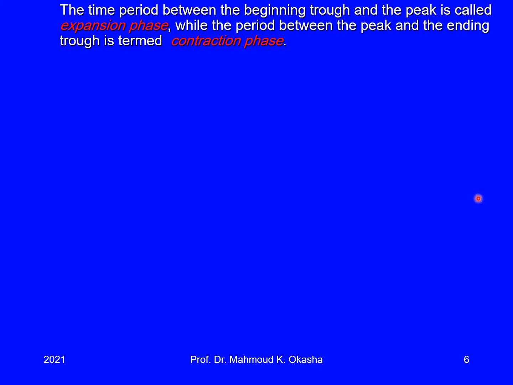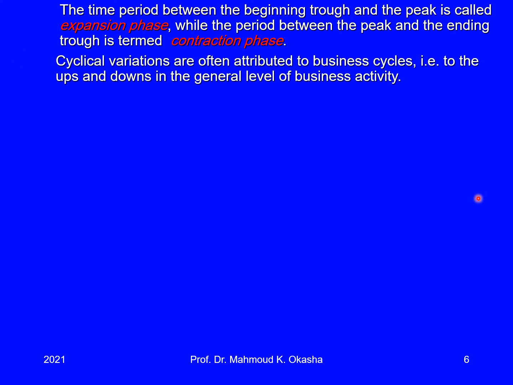The time period between the beginning and the peak is called the expansion phase, while the period between the peak and the end is called the contraction phase. Cyclical variations are often attributed to the business cycle. In other words, to the ups and downs in the general level of business activity.